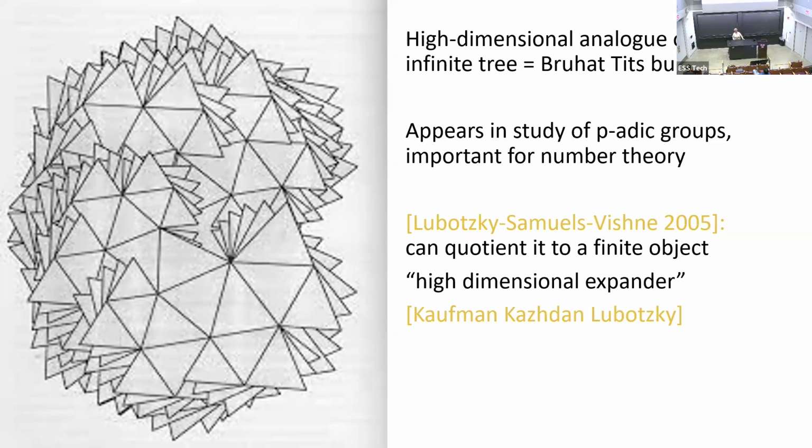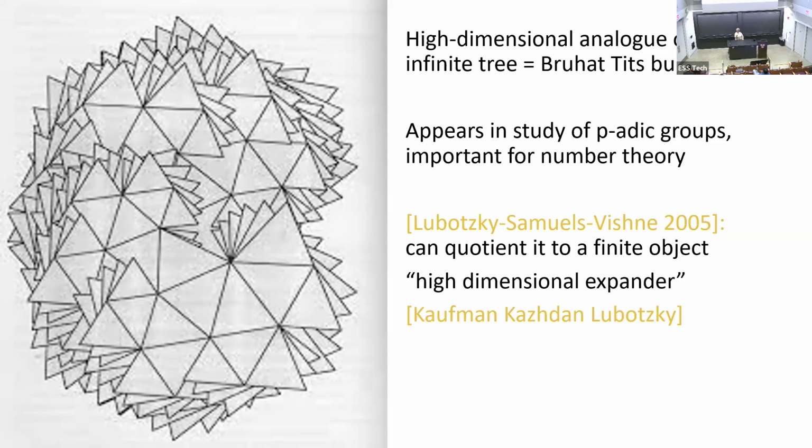So in groundbreaking work with Kaufman, Kazhdan and Lubotzky, they wanted to prove some property about this object, some topological overlapping property. But while trying to prove this, how do you even get at it? It's such a complicated object. So they described what the object looks like from a local perspective.